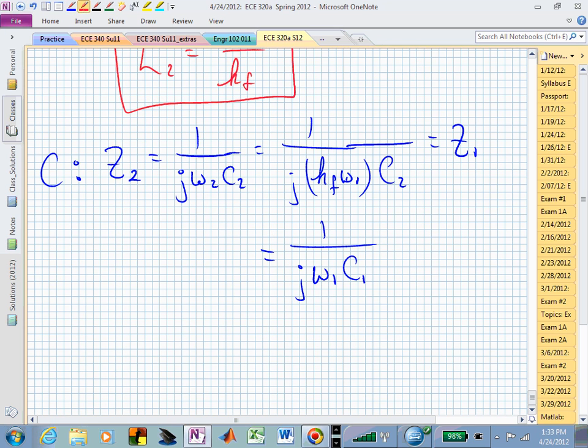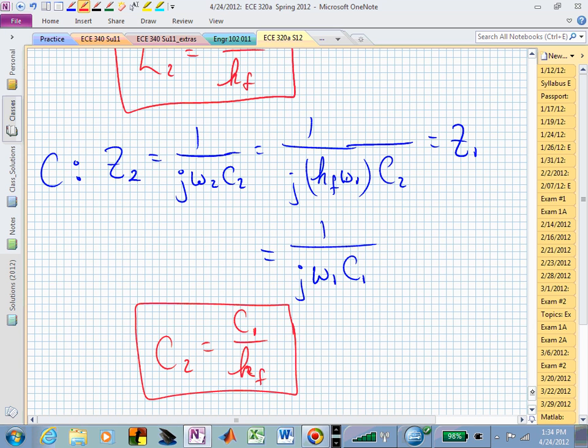If we compare those, the J omega 1's cancel, and we now have C sub 2 is equal to C1 over K sub F. And that's now how we scale our capacitor with respect to frequency.